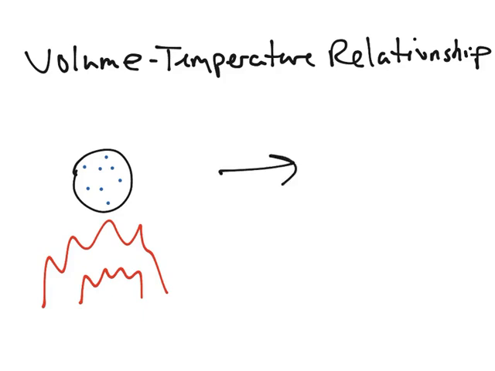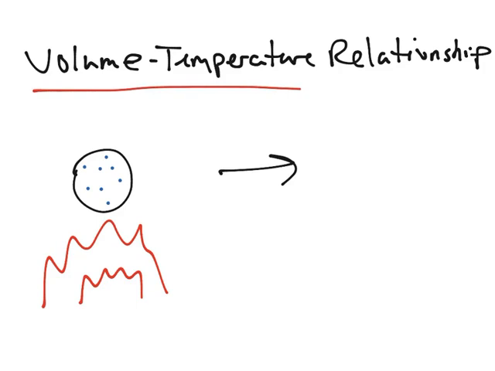Well, think about what the kinetic molecular theory has to say here. As these particles' temperature increases, their kinetic energy is increasing, which means their velocity is increasing. These particles are going to be moving at a greater rate, so when they hit the sides of this balloon, it's going to force this balloon to swell in order to maintain the pressure, which we had said earlier has to be constant in this situation.